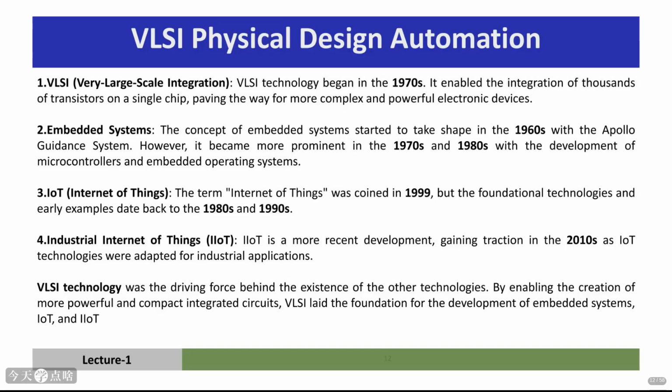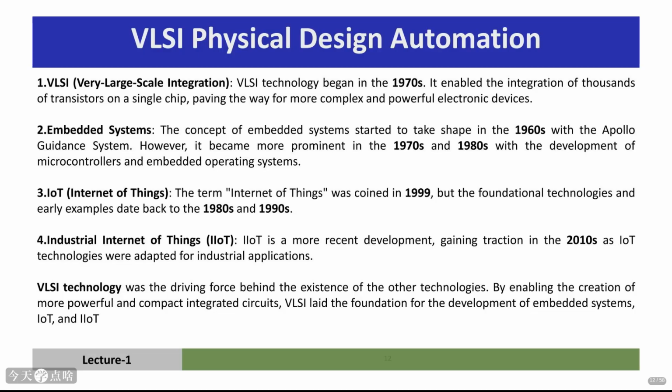Why is physical design automation so important? Because it's the backbone of the technologies we rely on daily. Think about VLSI itself, the ability to pack millions of transistors onto a chip. Embedded systems, like the microcontrollers in your washing machine or car engine, wouldn't exist without efficient ways to design and manufacture these complex chips.